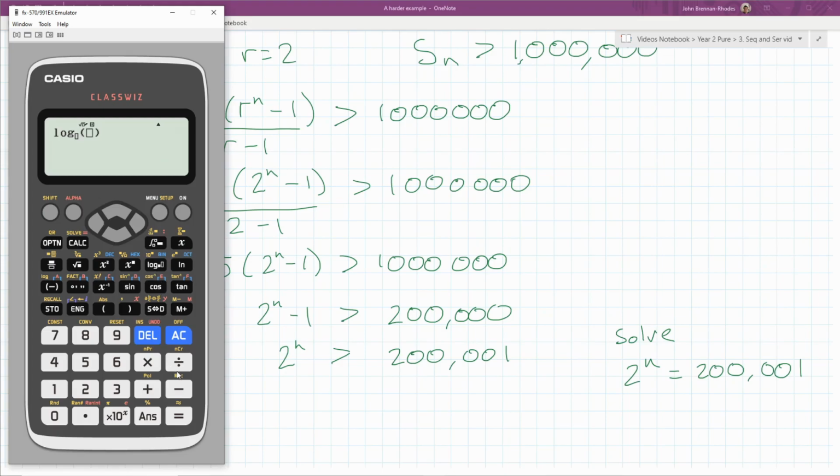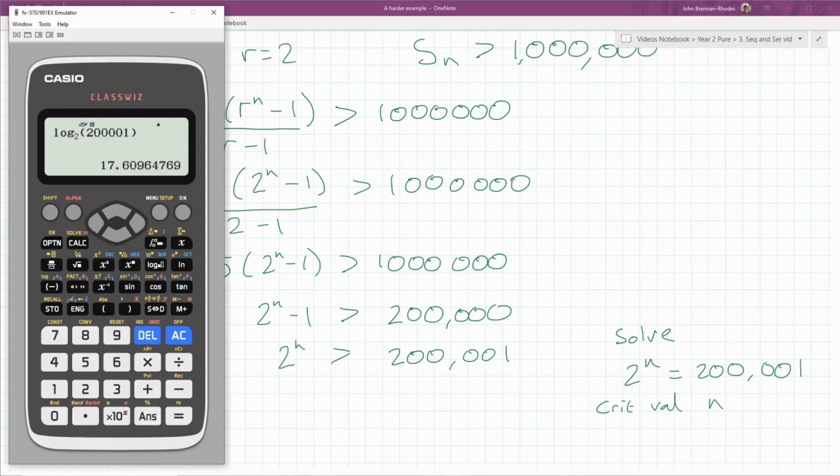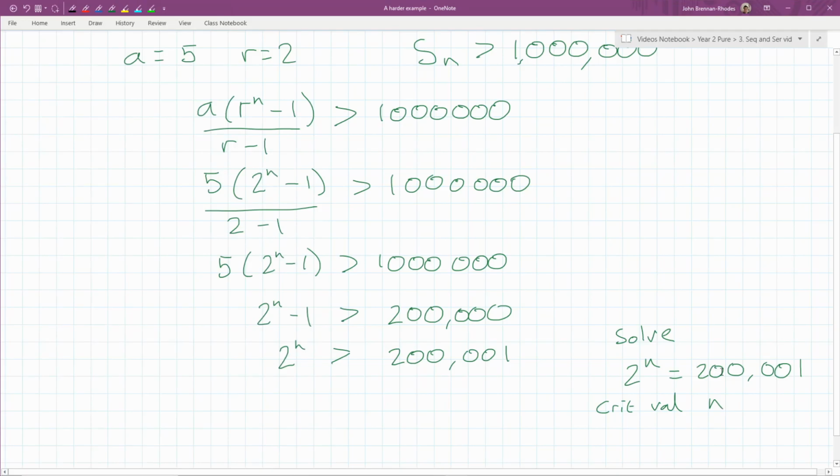So I want to do log base 2. What power of 2 gives me 200,001? And the answer is 17.6. So the critical value is n is 17.6.